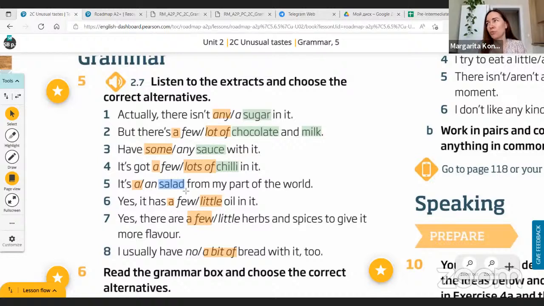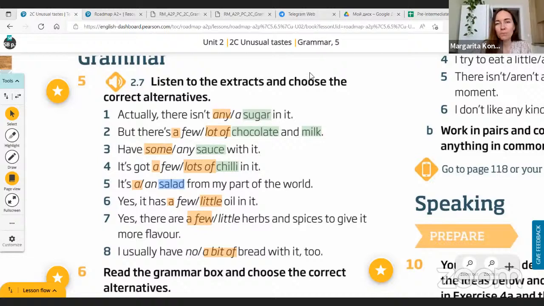If I say, for example, I want to eat some salad, it will be uncountable. But if you say, for New Year I will prepare this salad, this and this, then it is countable. So it depends, can be both. Right, here it is countable. Have a look, it is a salad from my part of the world. So it is some special, one salad.